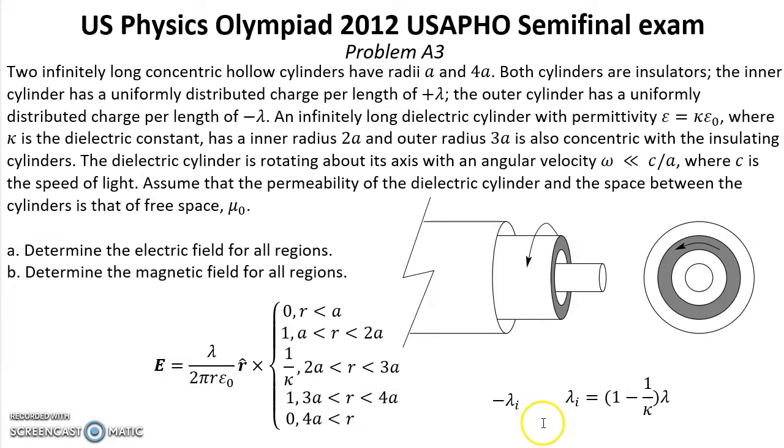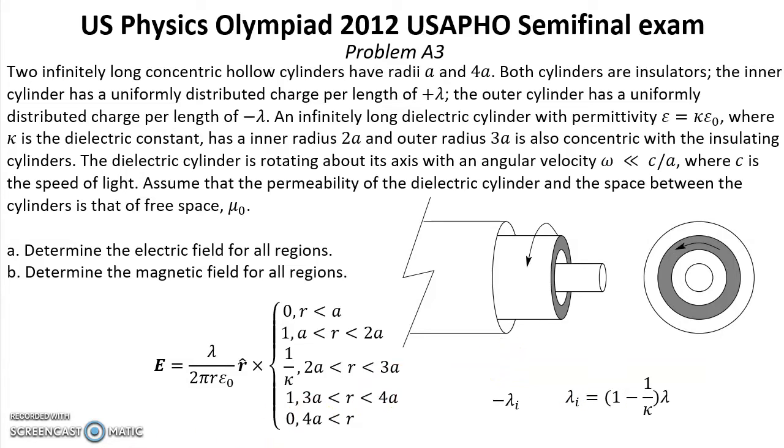And we need this to solve question B, because now this dielectric will rotate and this linear charge will produce an electric current, which can produce a magnetic field.